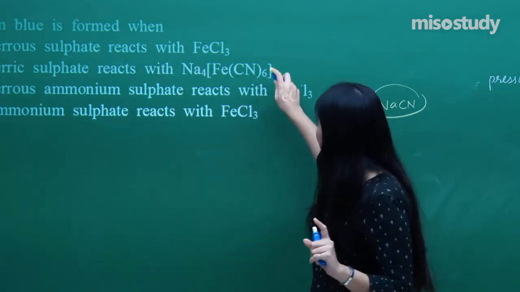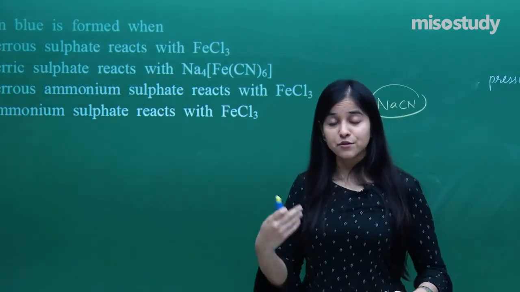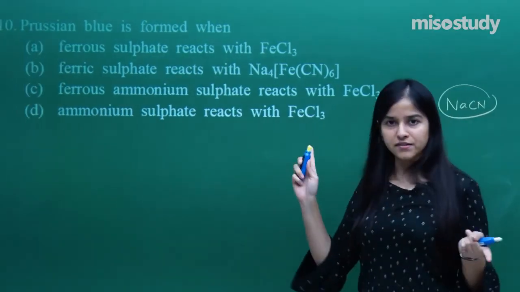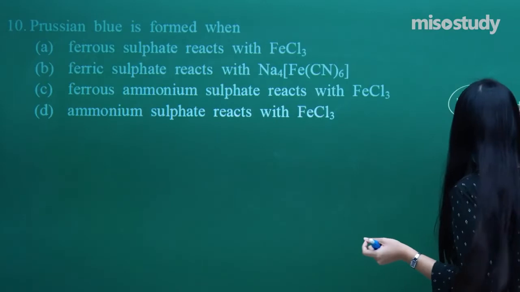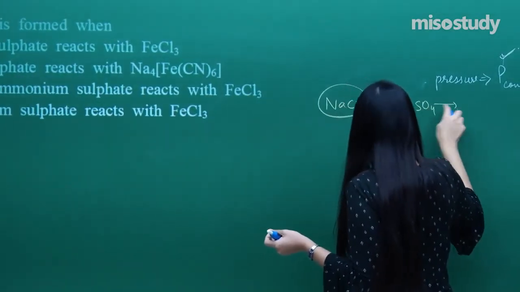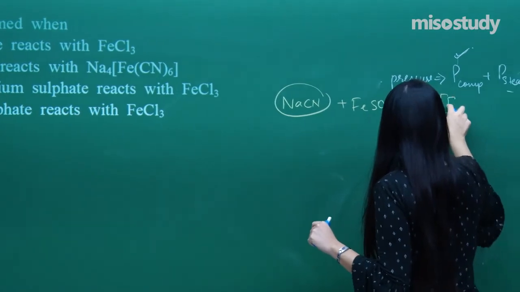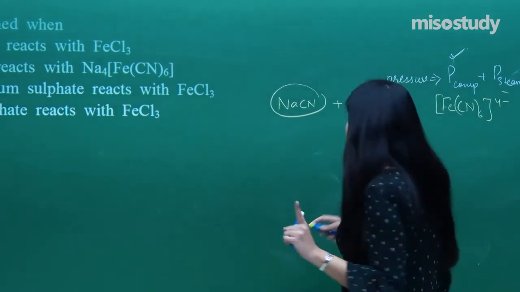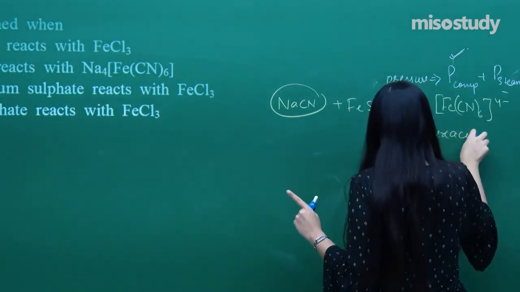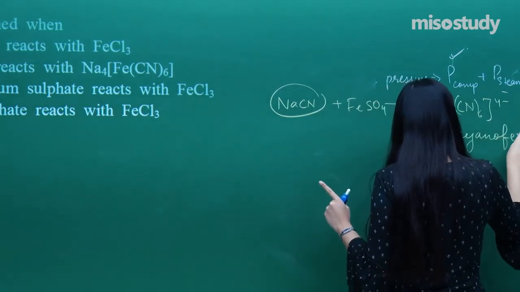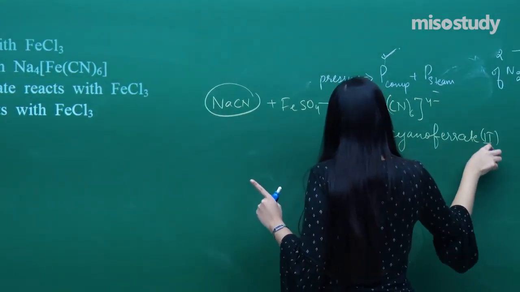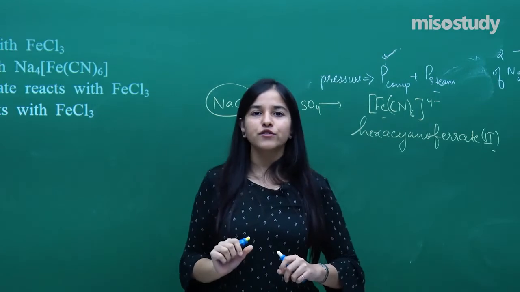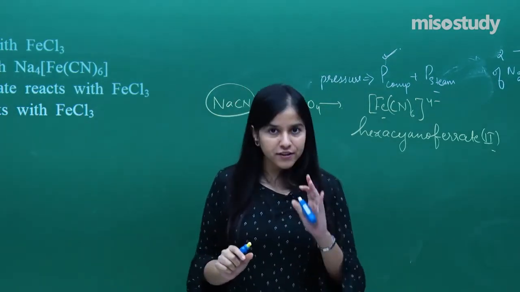But here they are asking about the internal chemistry of that. That means you need to have knowledge about the reactions which are going on. So ferrous sulfate reacts with FeCl3. Is it so? No, we put ferrous sulfate in here and what we get is hexacyanoferrate. We get this compound. So just remember that, right? And what is the next step? These ferrous ions on adding concentrated H2SO4 may get converted to Fe3+ ions.